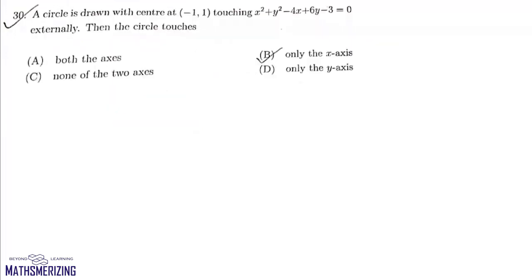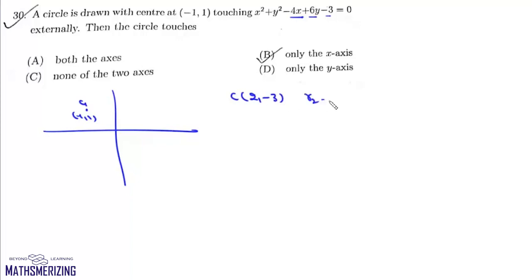Now question number 30 is, a circle is drawn with center at (-1, 1). Let it be C1, and it touches the circle x square plus y square minus 4x plus 6y minus 3 equals 0 externally. Then this circle touches which of the following options? Now for the second circle, the center is at (2, -3), and its radius is under root of 4 plus 9 plus 3, which is 4.